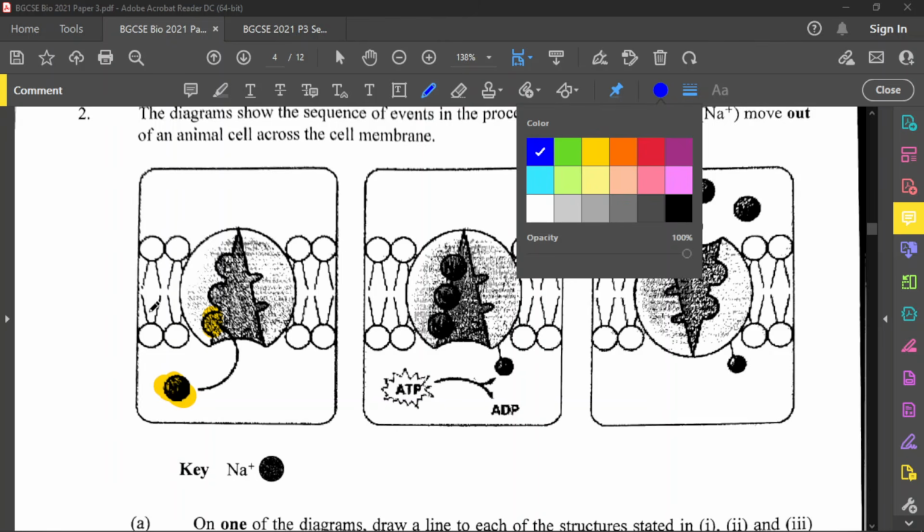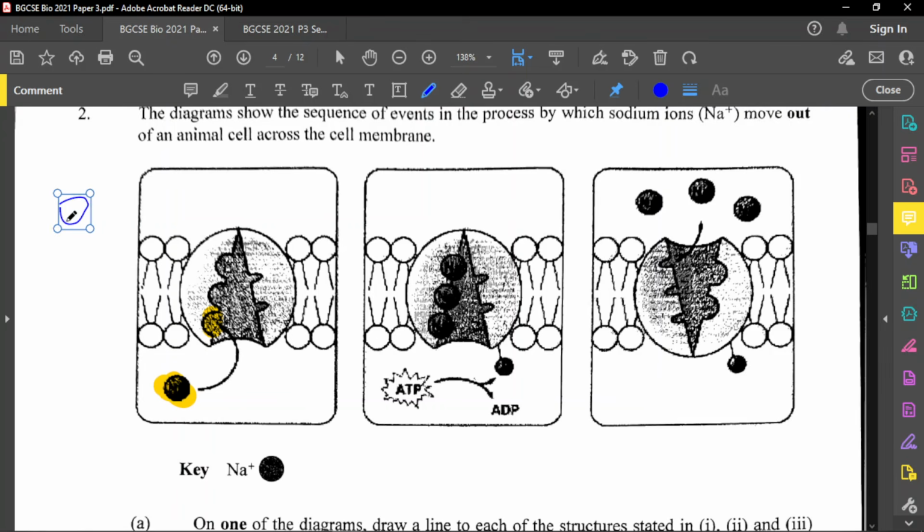What makes up a cell membrane is what they call phospholipids. So these circular things right here with the 2 legs are phospholipids. The head part is a phosphate group, and the 2 tails are the fatty acids.